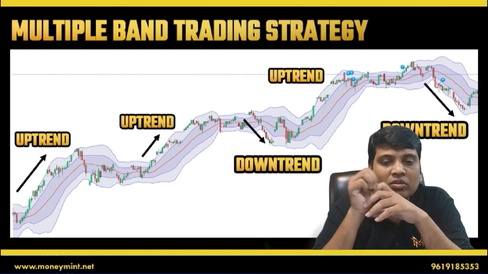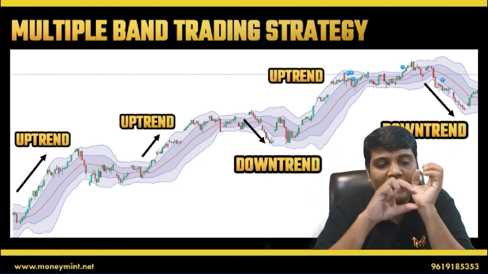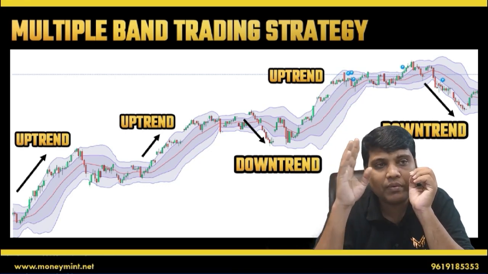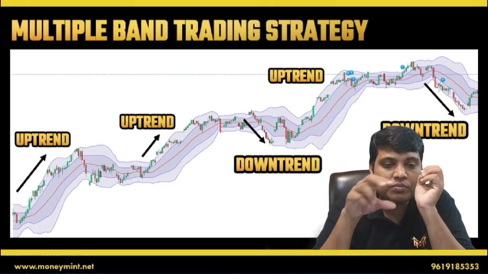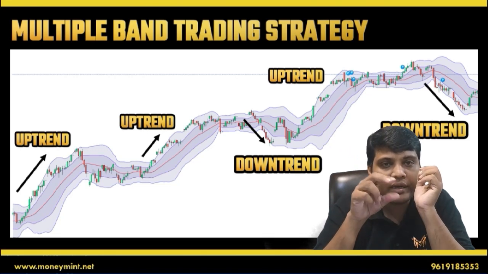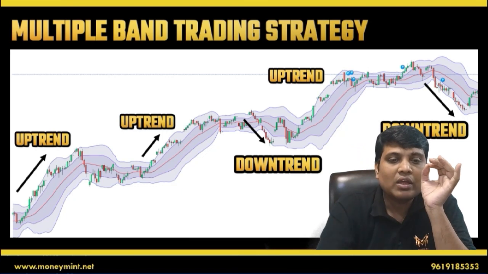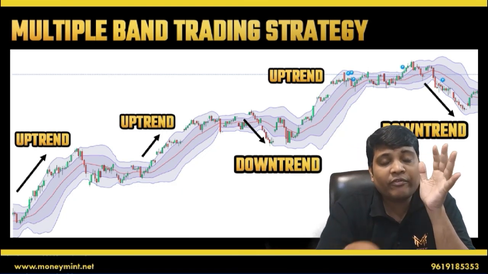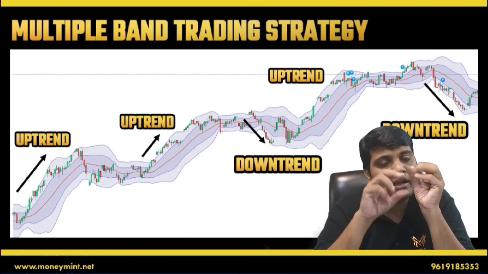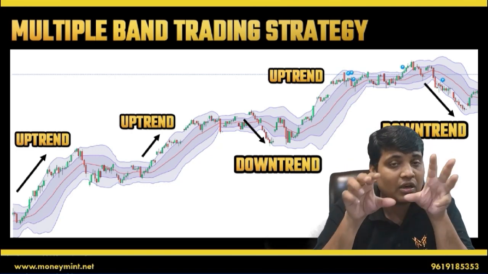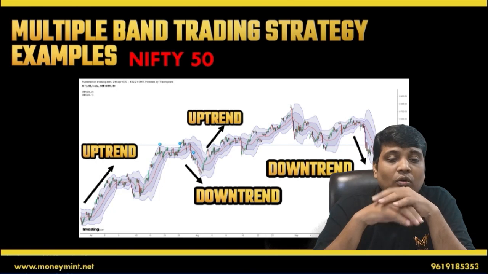So you can see under the chart, the uptrend shows the market was clearly moving in the upper band. So it was just moving up, up, up. Now the market was moving continuously in the uptrend, and then it was moving in the downtrend. So whenever the market is in the upper band, it is a trending upward market, and whenever the market is in the lower band, it is a trending downward market.